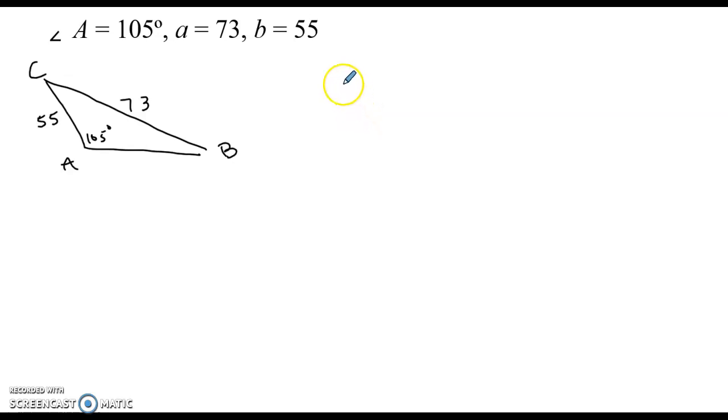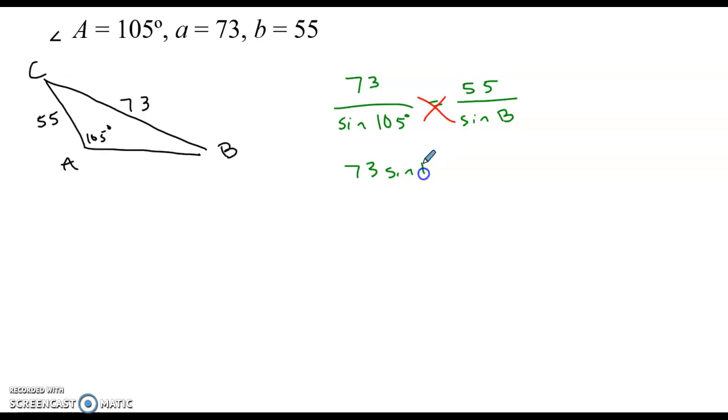So what I'm going to do here is I'm going to set up the law of sines. So that's 73 over sine of 105 degrees is equal to, side length B is 55 over the sine of angle B. And then to solve this, I'm going to cross multiply, and I get 73 times the sine of angle B equals 55 times the sine of 105 degrees.